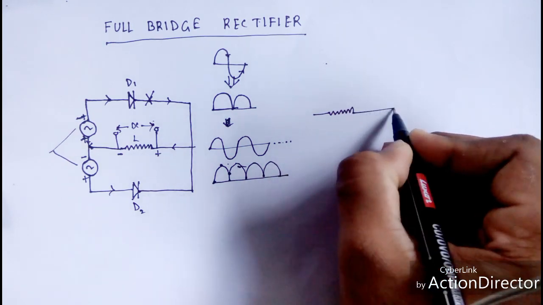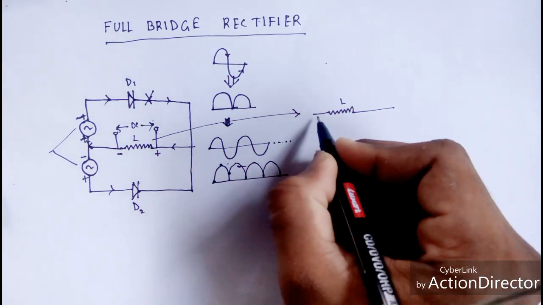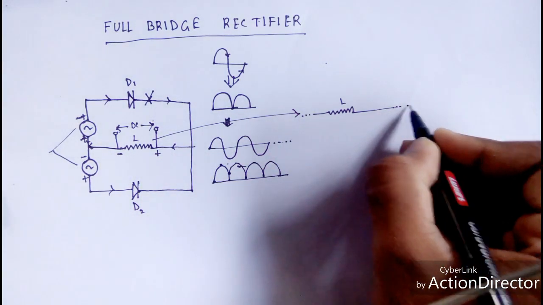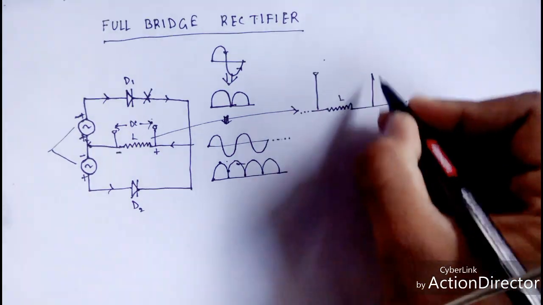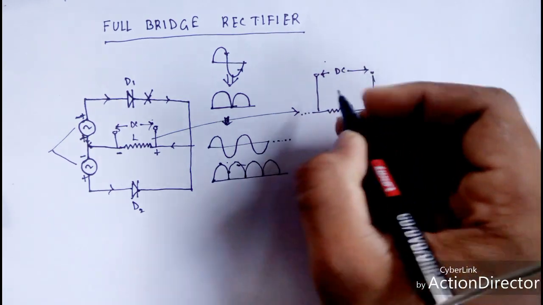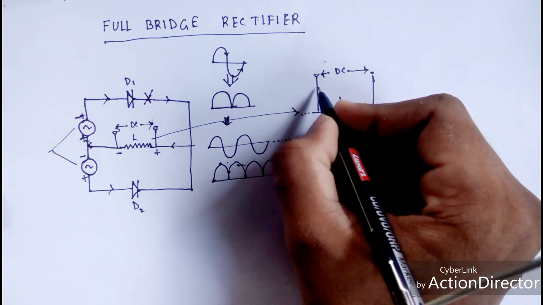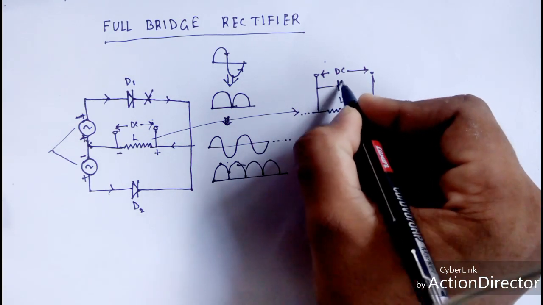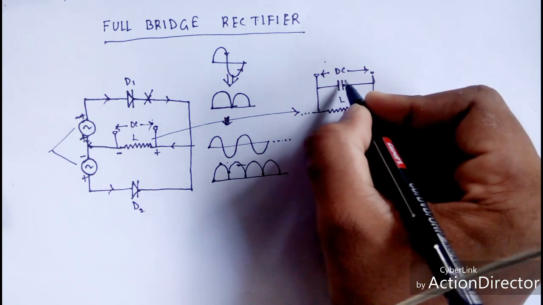Let's consider that this was the load L, and here we can get the DC output. Let's consider that we have to join a capacitor here in parallel. Let's name it C1.